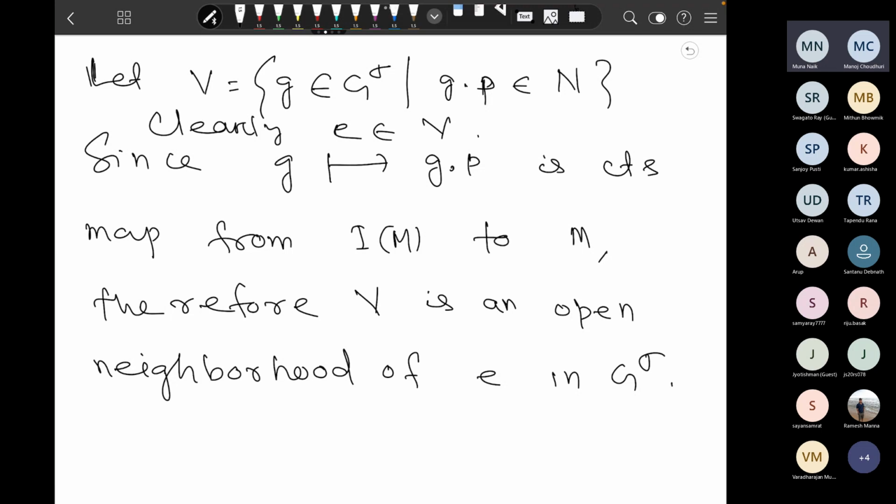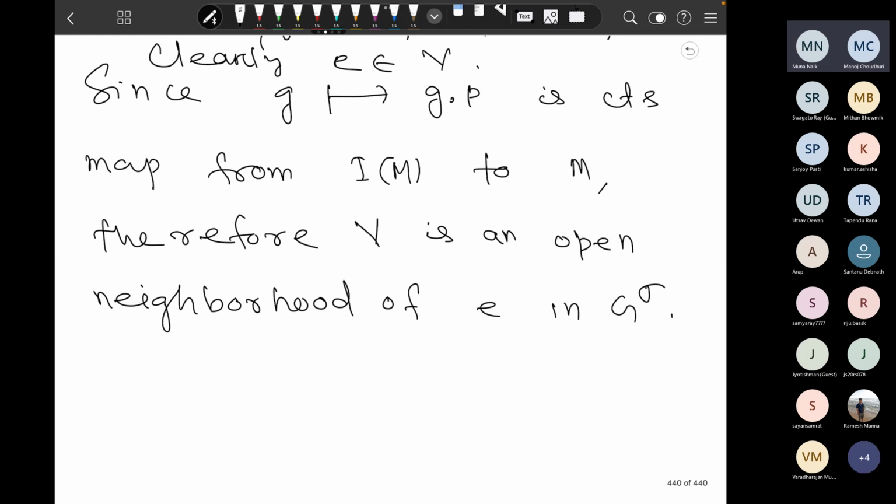Since G going to G dot P is a continuous map from G to M, therefore B is an open neighborhood of E in G sigma.